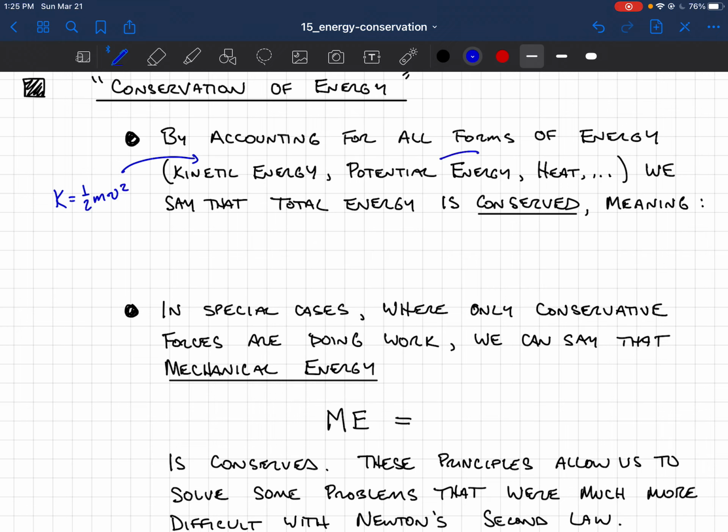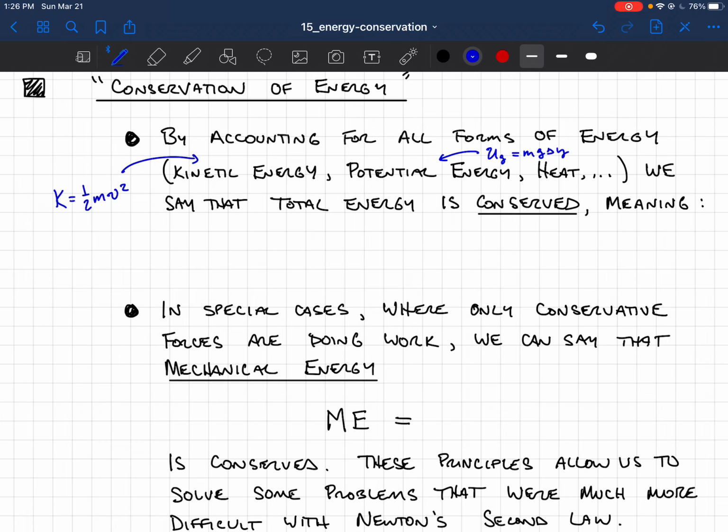It might be potential energy, like for example Ug, which we said was mg delta y. It might be something called heat. So heat is something that you get when you have friction, or it might be some other forms of energy.